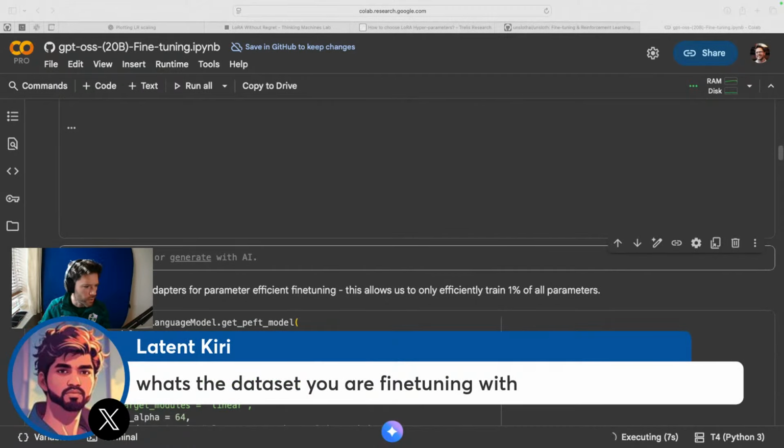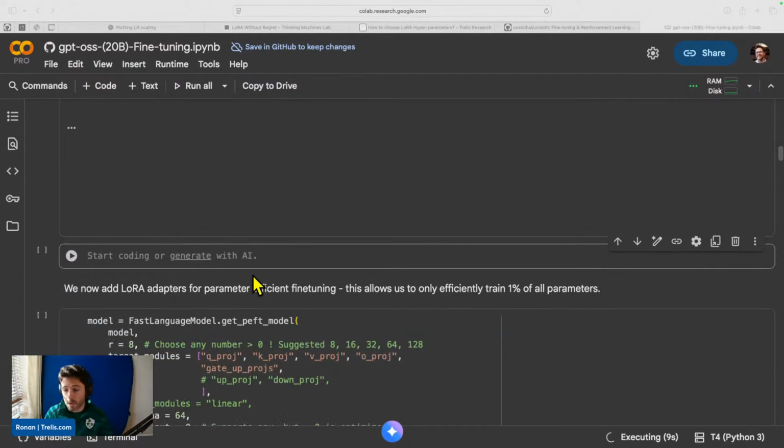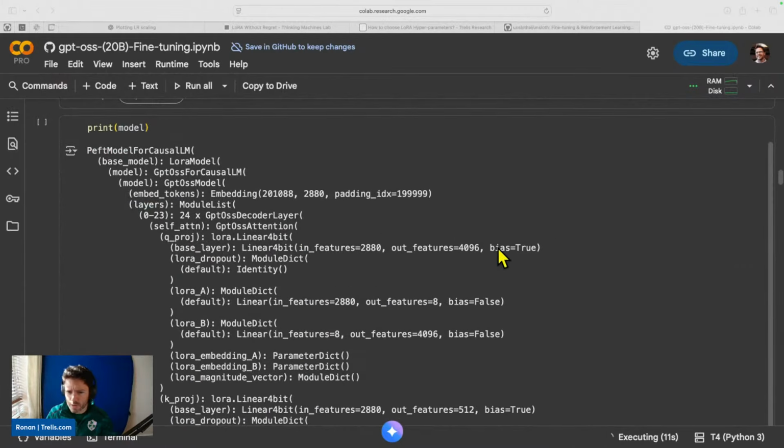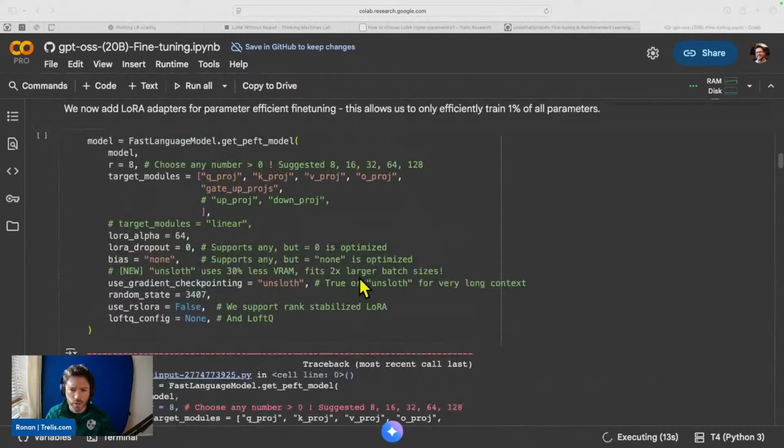What data set am I fine tuning with? I'm not even sure what fine tuning set they're using here. We haven't even gotten to the fine tuning data set in this, because I'm just showing you how to make the LoRA adapters. But if you look at LoRA Without Regret, they tune on a few models. Let's see, Open Thoughts for RL. Let's see what they say.